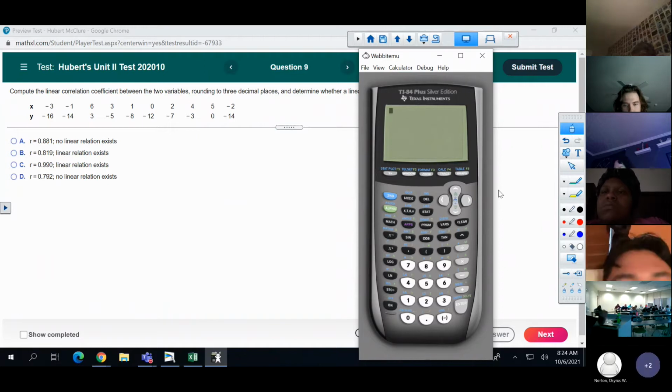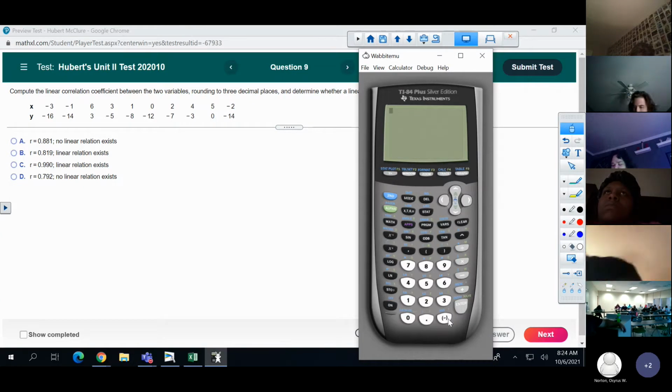So type those numbers in. And somebody give me the R value. Well, you got to, I might as well do it. I'm sorry, but it takes twice as long.